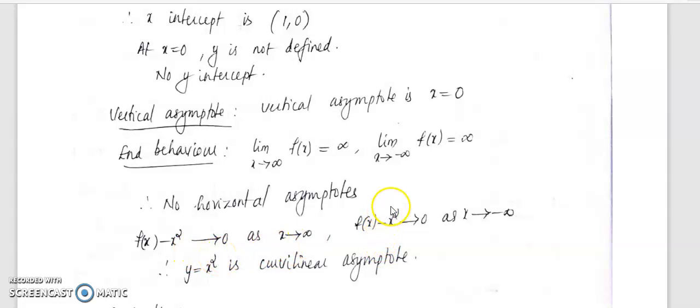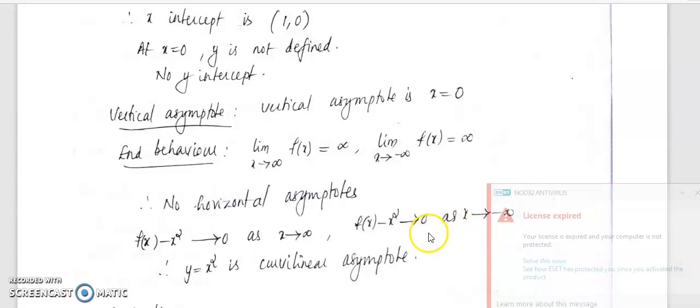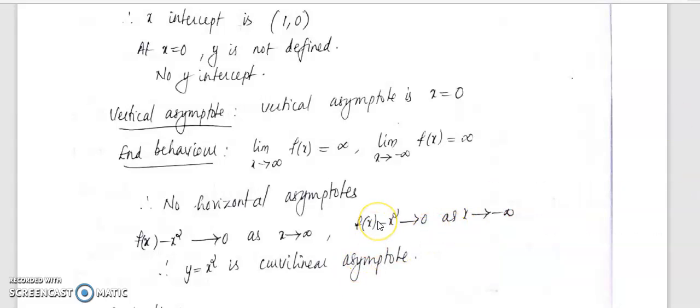Again, as x tends to minus infinity, f of x minus x square is minus 1 by x, and the limit is again equal to 0.